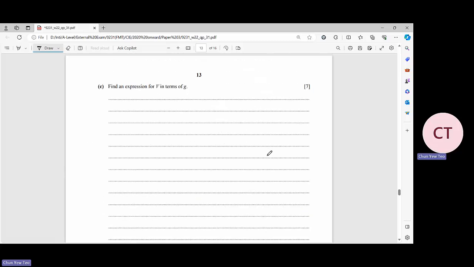Then C, find an expression for V in terms of G. In order to find the expression for V in terms of G, we need to find the horizontal component first. X is equal to V cos 75 degree T. Because the collision happened at 15 meter away from the O, this is the horizontal displacement.